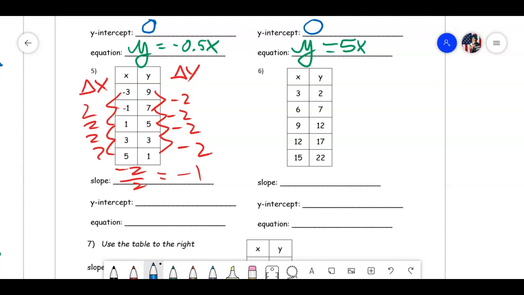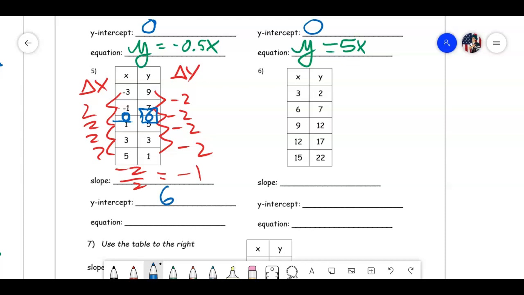So this time put 0, just kind of draw it in between -1 and 1, okay? So if it's between those two, then on the y side, you want to find the number between those two. So what's between 5 and 7? 6, right? So now that I found that missing value that I needed, x is 0, the y is 6, okay?